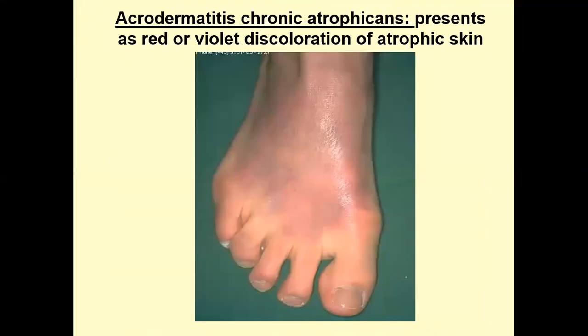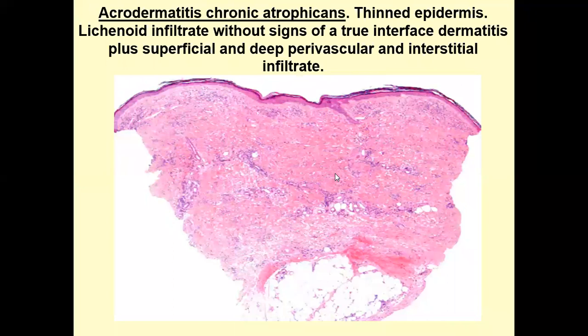Then the late manifestation of Lyme's disease is acrodermatitis chronica atrophicans, which clinically should be differentiated from morphea. It is red or violet discoloration with atrophy of the skin.